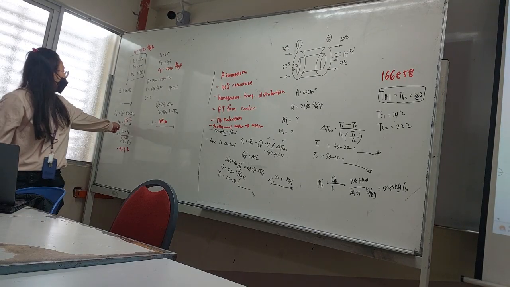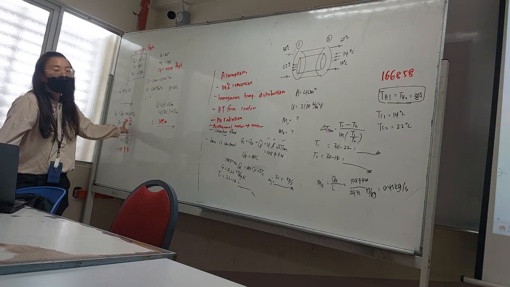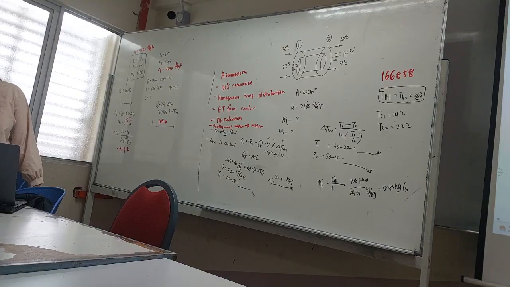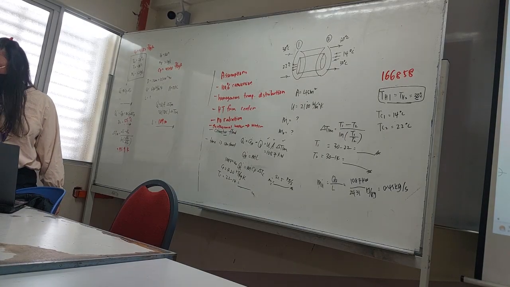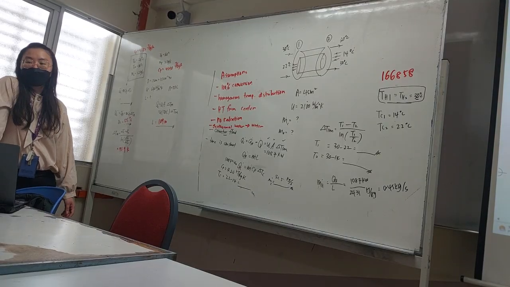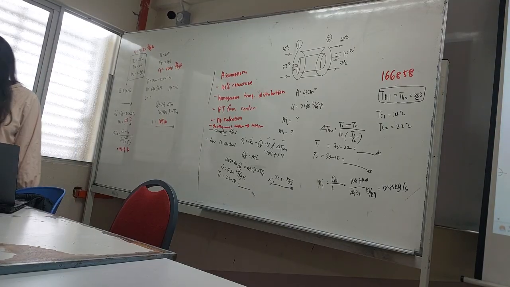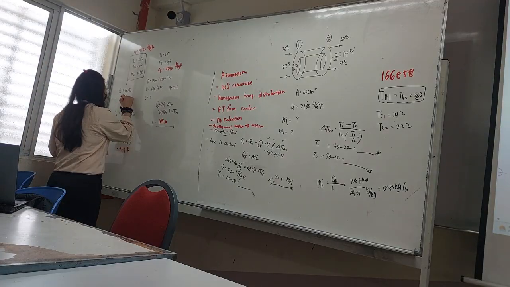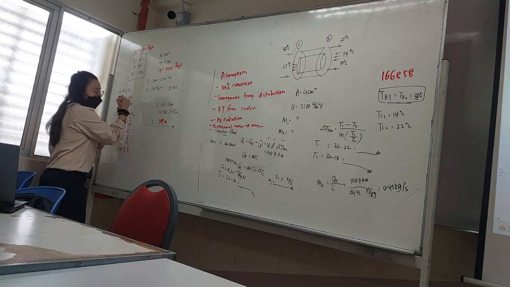This one 125, yes, your TH2 is 125. Q value you get is around 301 kilowatt.